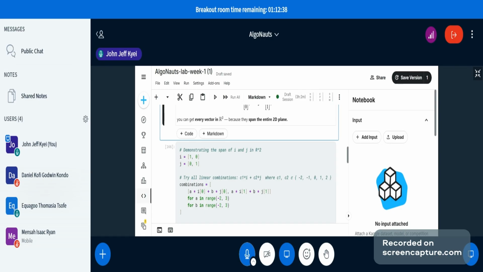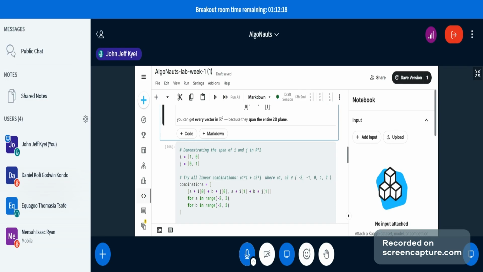You just have to give it a set of values. You can't necessarily find all of them, because you can have an infinite number of constants to multiply them by. So you just set a range, maybe from -2 to 3.